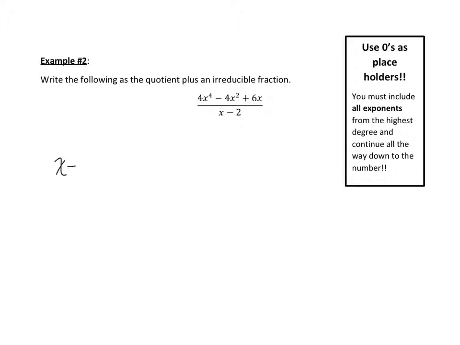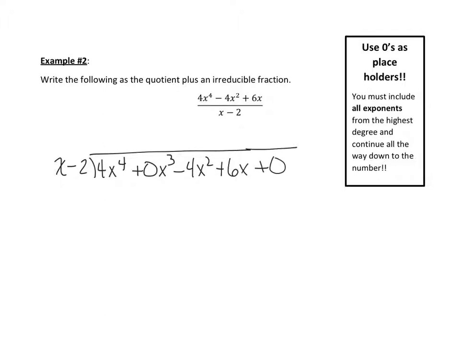So we're going to divide x minus 2 into 4x to the 4th. Now there is no x cubed, so I have to put 0x cubed. Minus 4x squared plus 6x. And there's no number, so we have to put the 0. So all the way down to the number, you need to put the values.